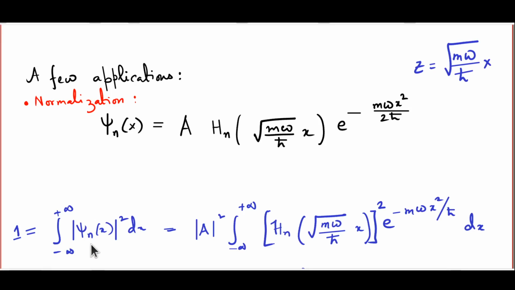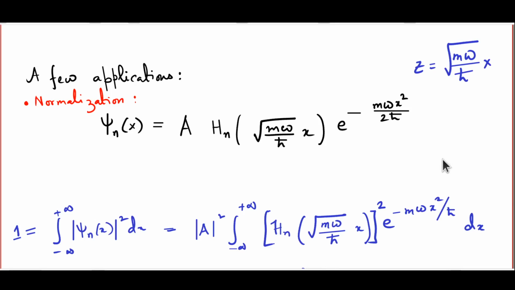And why is this not the same thing as integrating psi n of z squared dz over all z? The answer simply is that dx and dz are different. They differ exactly by this factor, which is why this will lead to a slightly different value for the normalization constant.